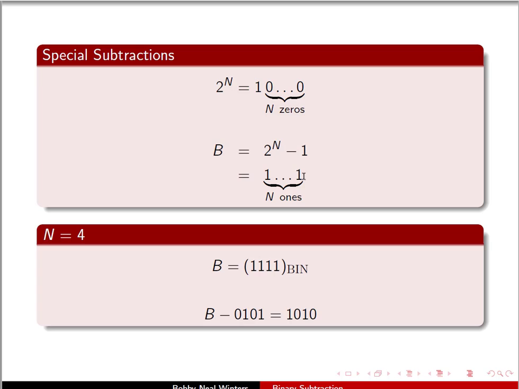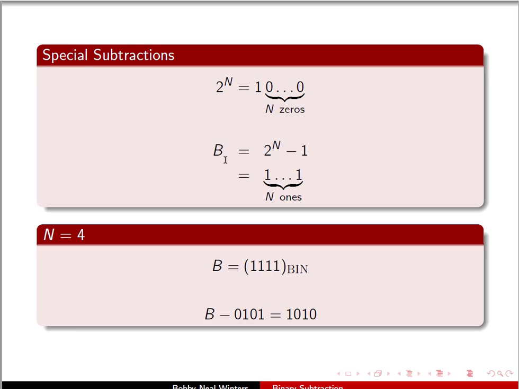It's the binary equivalent to having 999, etc. Where if you have all nines and you just add 1 to it, it'll get you up to 1 and all zeros. With binary numbers, if you have n ones and you add 1 to it, it will give you 1 followed by n zeros.